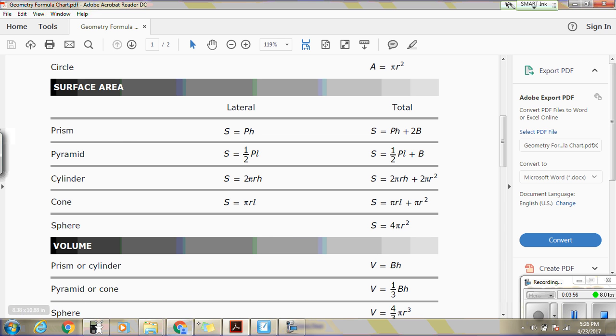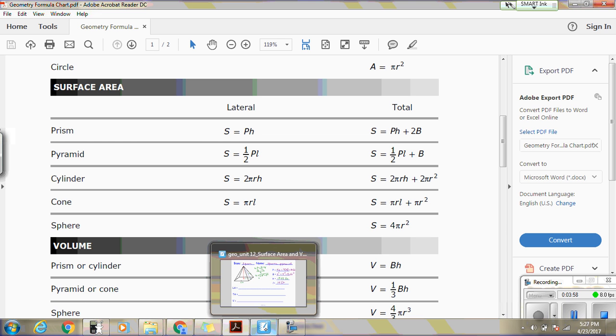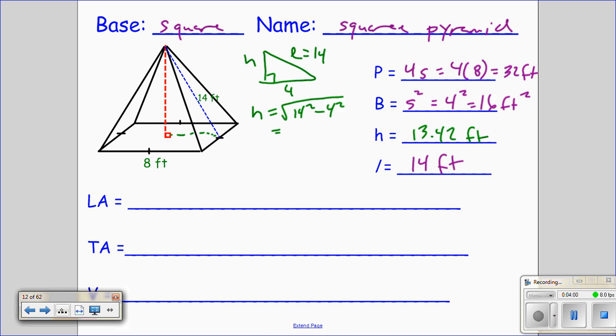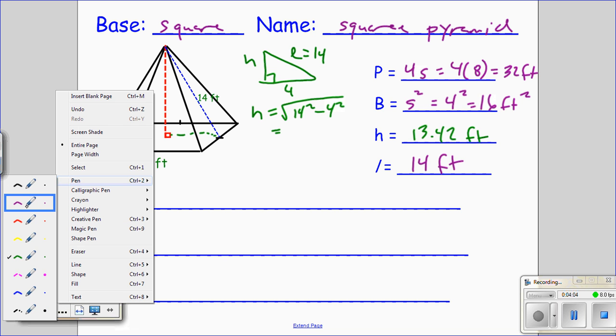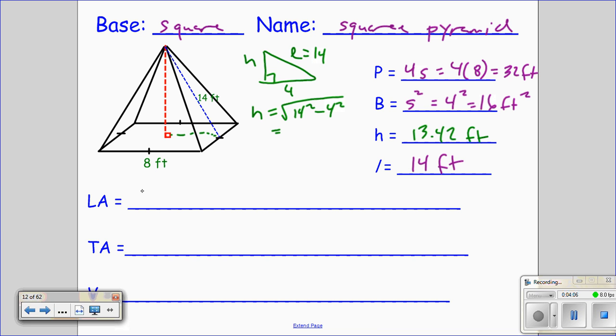So let's write all of those down before we forget them. Again, lateral area is 1/2 PL. Total area was 1/2 PL plus base. And then for volume, it was 1/3 BH.